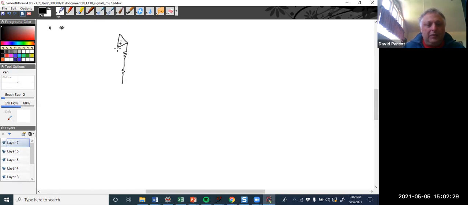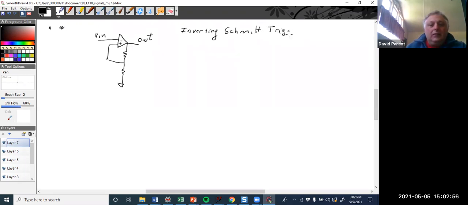This is going to be something you're maybe not quite used to, and that's okay. All right, this is an inverting Schmidt trigger.